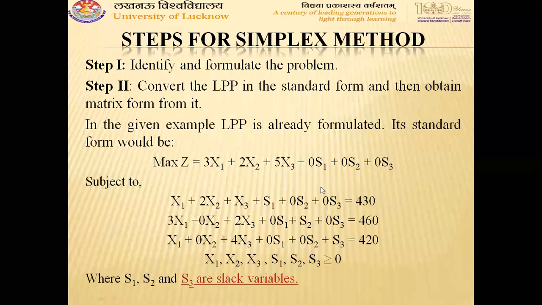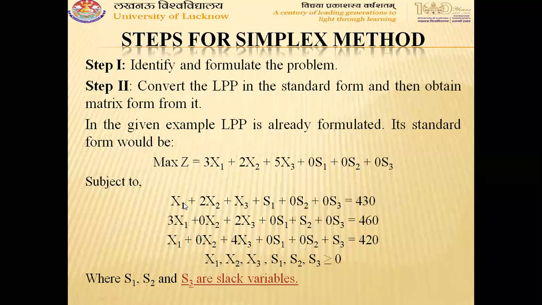Here all the slack variables are multiplied with 0, so you may write or you may not write these variables in the standard form, but they are important for converting into the matrix form because it deals with the coefficients. So we do not forget the coefficients of slack variables in the objective function. So I have written it as 0s1 + 0s2 + 0s3.